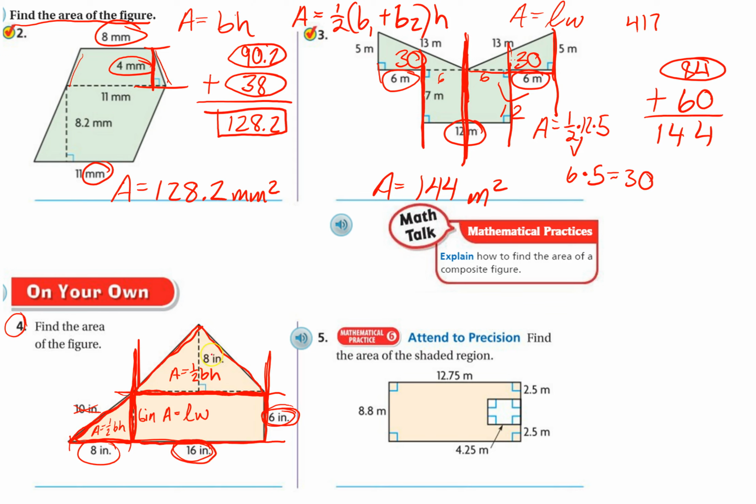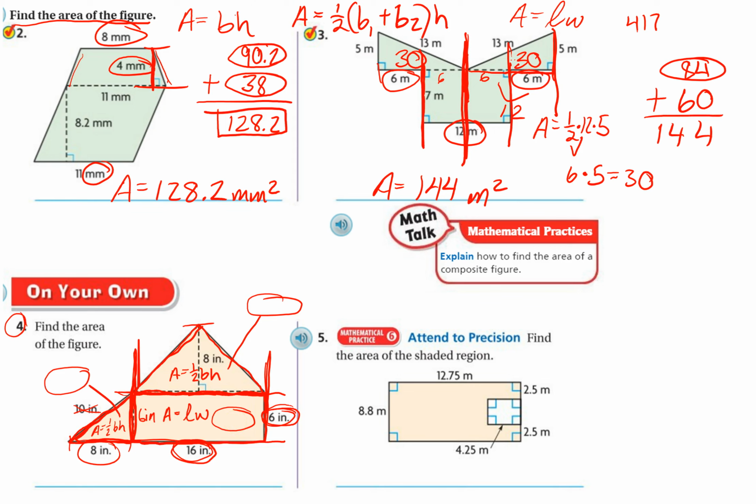So 16 times our height goes from here to here. So 16 times 8, and then you're going to divide by 2 or multiply by 0.5. So now you should have 3 numbers. You're going to have a number for the area of this rectangle, a number for the area of this triangle, and a number for the area of this triangle. And then you add these 3 numbers up to get your final answer.